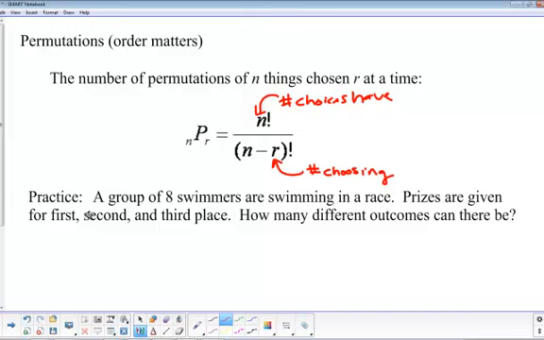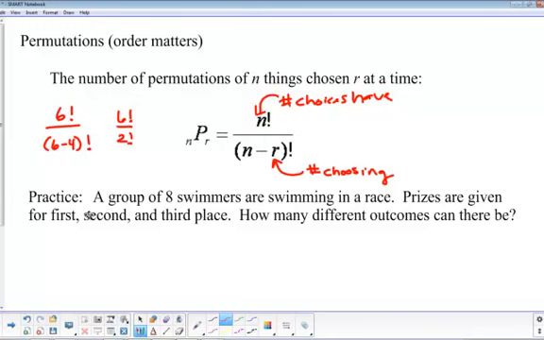So in the last problem with the 6 beads, it would have been 6 factorial over 6 minus 4 factorial. That's where that 2 factorial came from. And that's the answer.